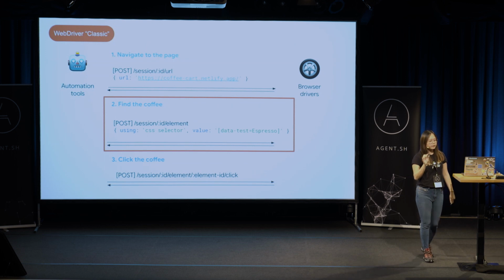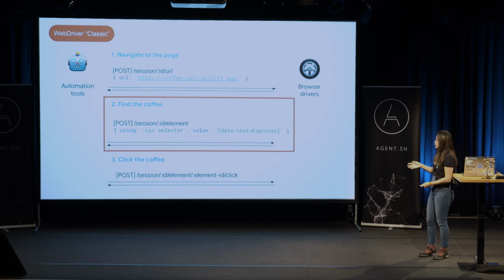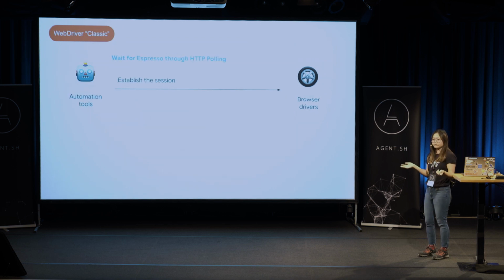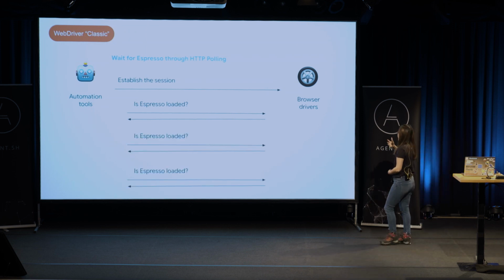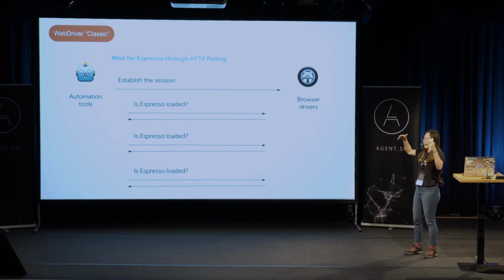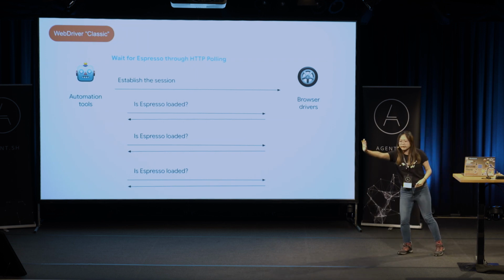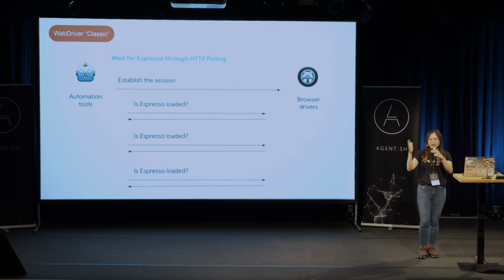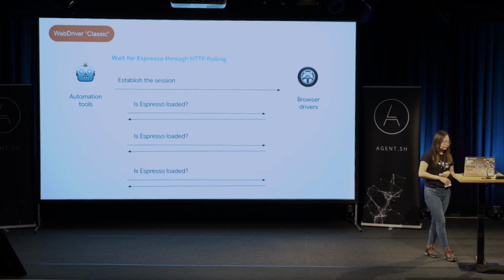But there's something tricky during the find-the-coffee step, because sometimes your APIs are really slow, and you have this scenario where you need to keep checking, like, is the espresso loaded, is the espresso loaded. Because it's an HTTP request, we need to do HTTP polling, like keep asking. There's no way for the browser driver to push the response to you once it's ready, so the testing framework needs to do that manually.